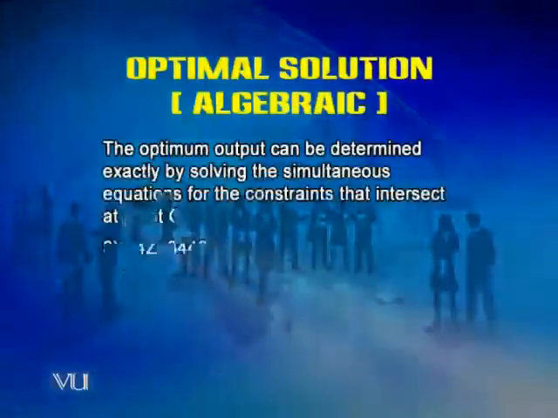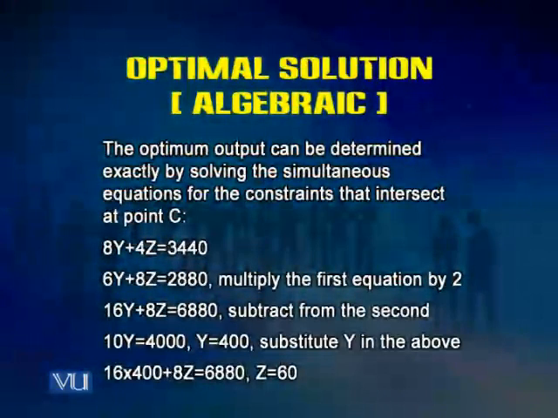For those, we formulated the equations 8y plus 4z is equal to 3,440 and 6y plus 8z is equal to 2,880. In order to solve them simultaneously, we need to bring one of the variables to the same value. If we multiply the first equation by 2, the value of z will become 8, and that is also the value of z in the second equation.